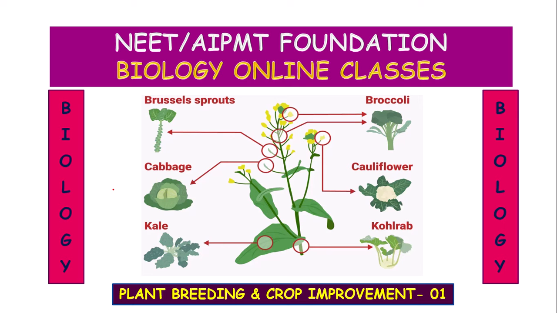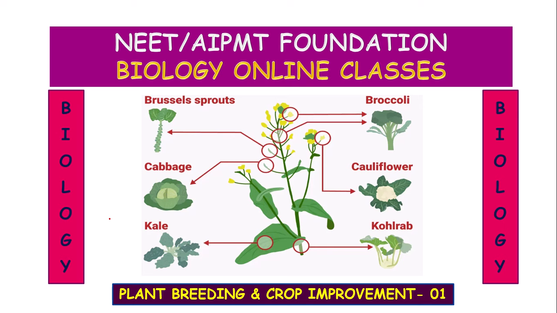Domestication is a process of taming of wild plants and animals and other organisms under human management. So, here in this lesson, plant breeding. What is plant breeding?